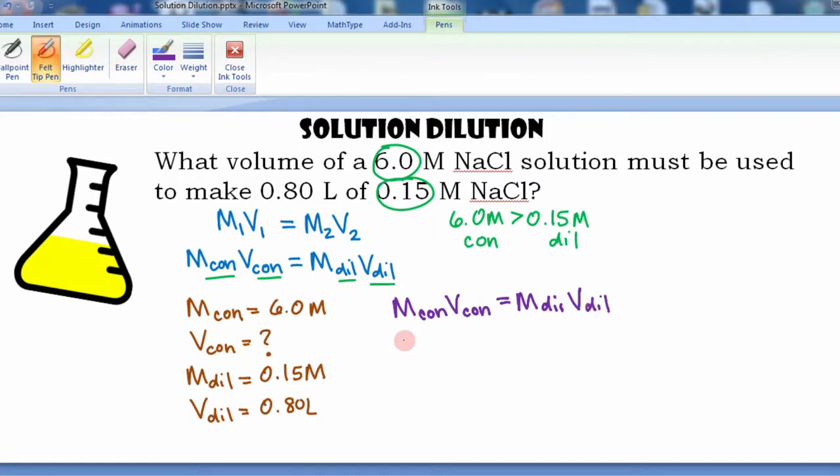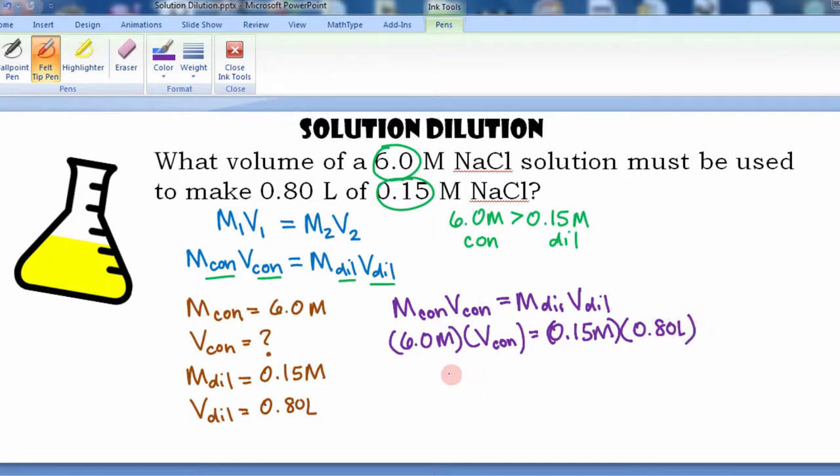So let's plug in our numbers. 6.0 molar times the volume of the concentrate, we don't know, is equal to 0.15 molar, capital M, moles per liter, times 0.80 liters.